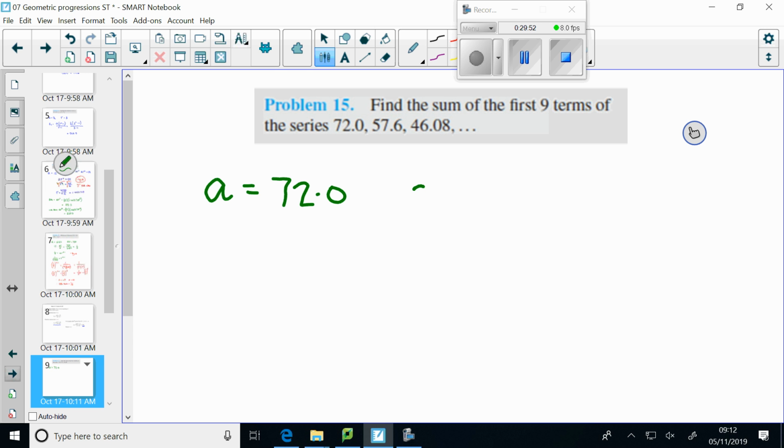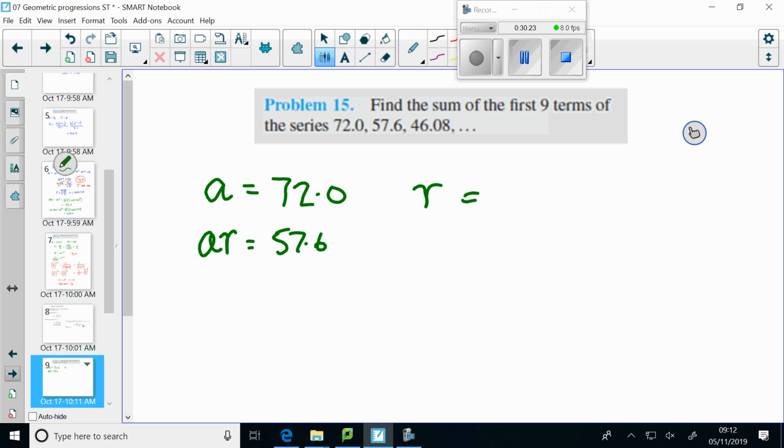How do we find R? We take the second term, A times R, which is equal to 57.6. We've been given the first, second and third terms.